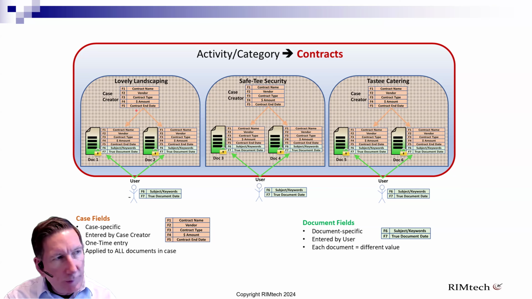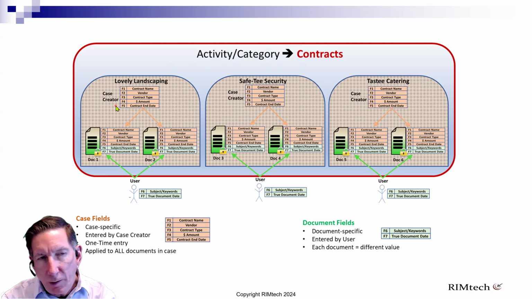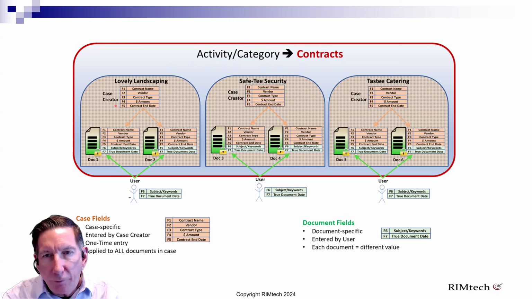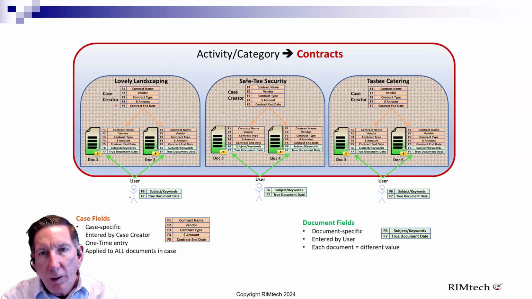So here goes, same explanation in SharePoint language. We have one library called contracts. We have 3 document sets, one for lovely landscaping, one for safety security, one for tasty catering. We have 7 columns. The first 5 columns are shared columns.